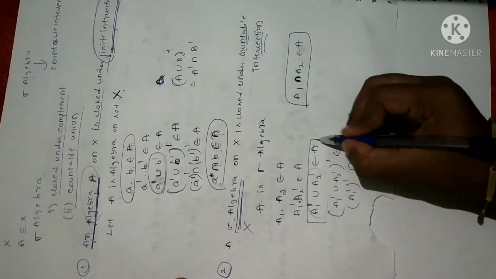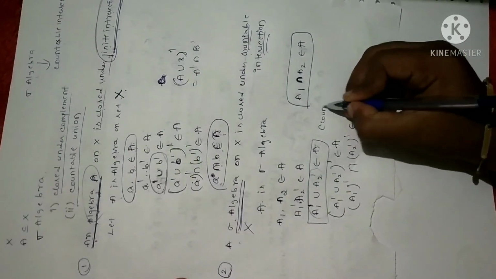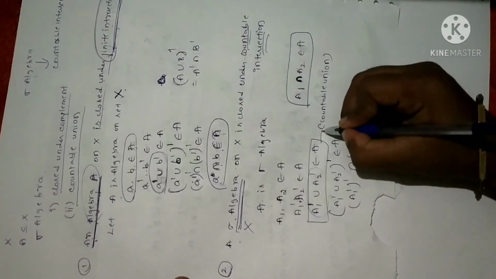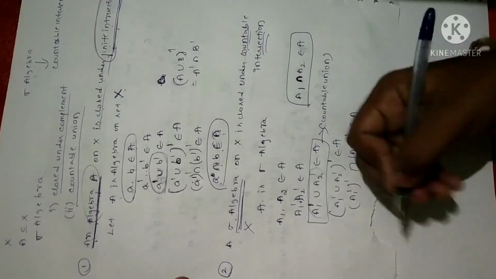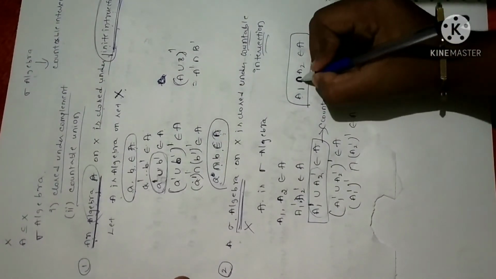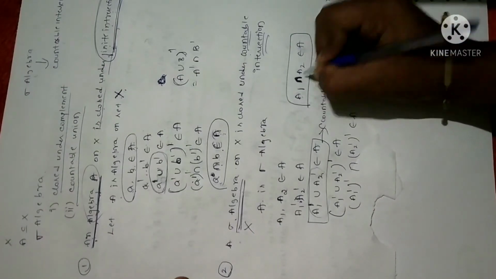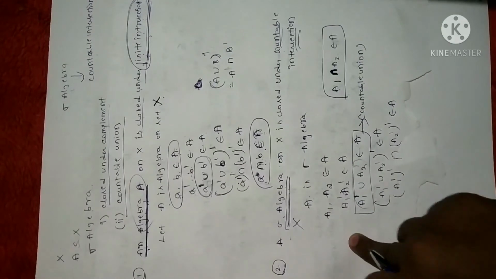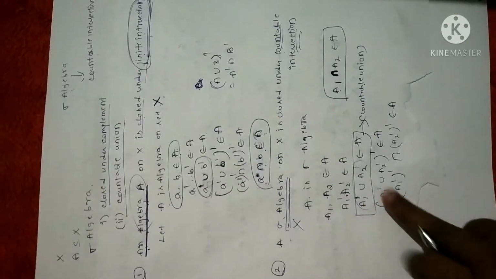I have used the property of countable union here. As per the definition, it is closed under countable union. So I have used this property and I have proved that it is closed under countable intersection as well. So these two are the properties of an algebra of sets and a sigma algebra of sets.